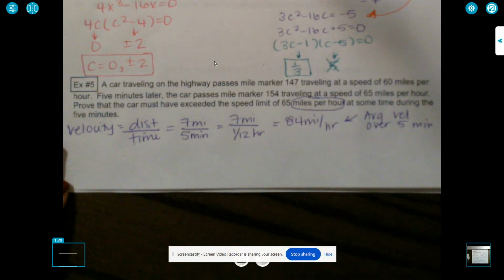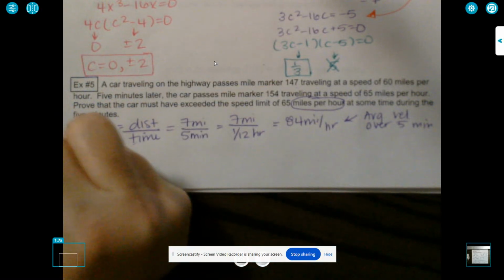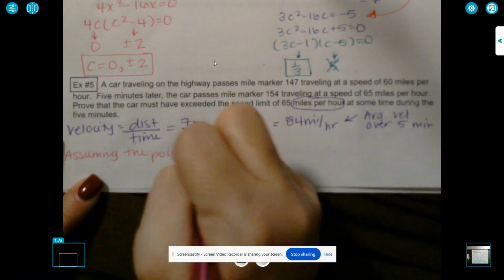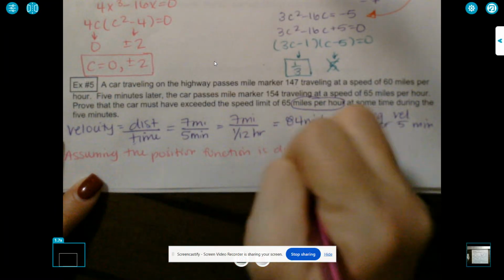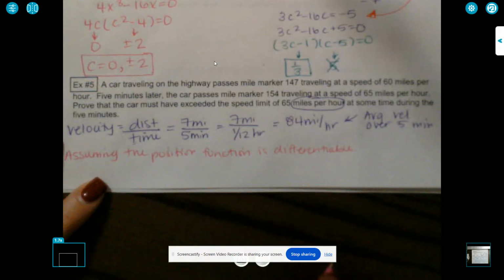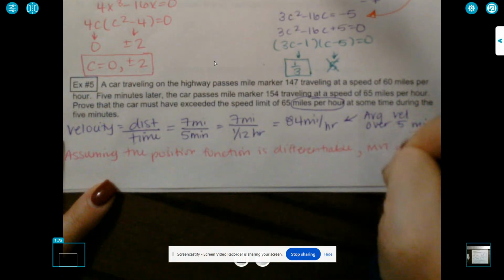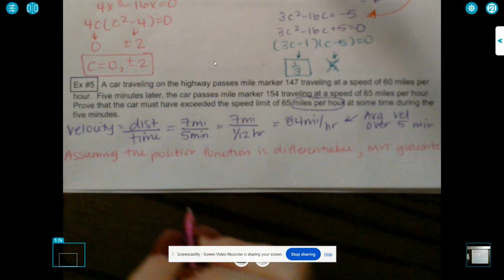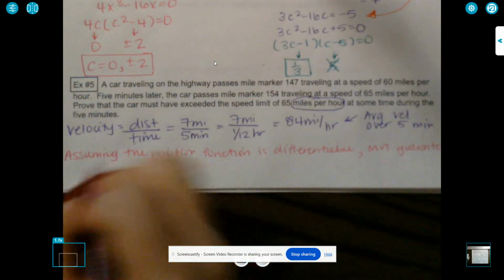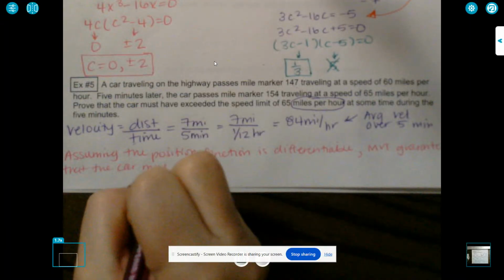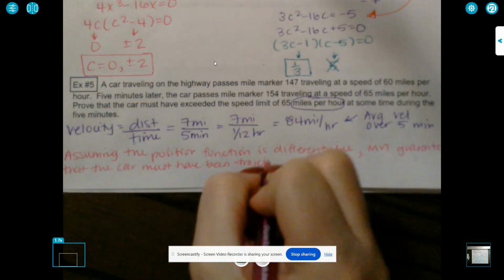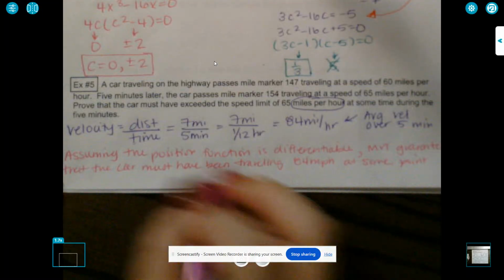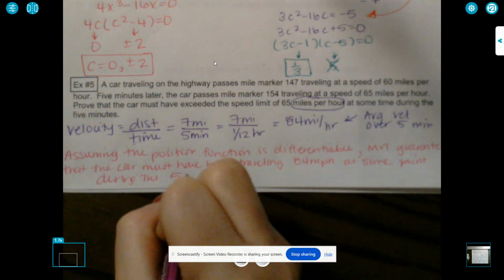Now, assuming that the position function is differentiable, because we don't have a function for this, MVT does guarantee that the car must have been traveling 84 miles per hour at some point during the 5 minutes.